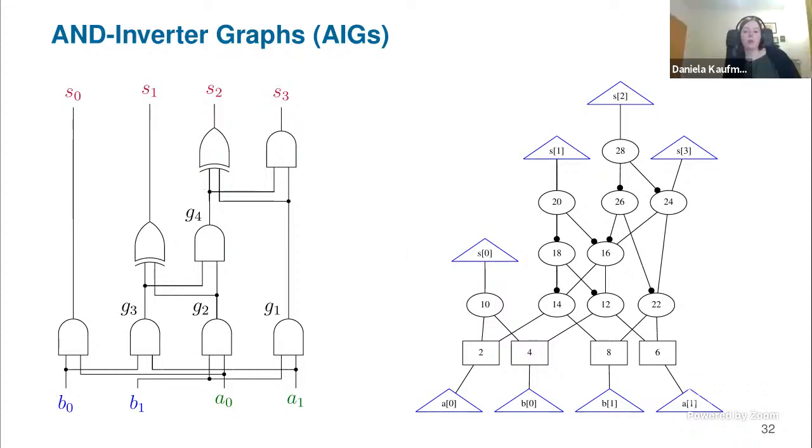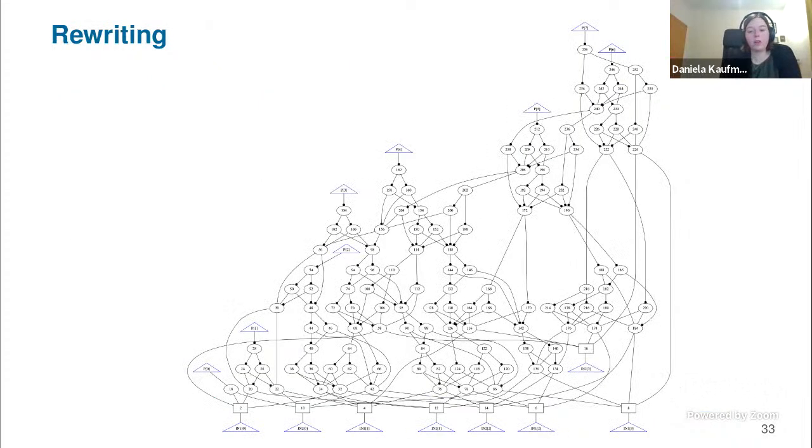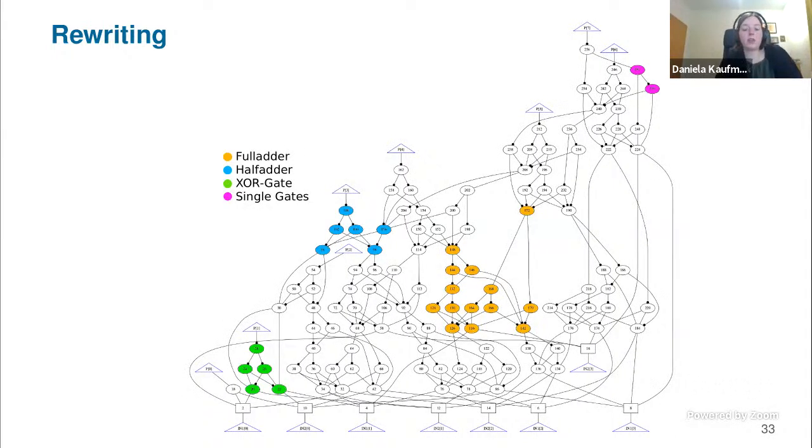So this was the AIG for the 2-bit multiplier. Let's now increase the size. Here you see an AIG for a 4-bit multiplier. When we take a closer look, we can identify certain substructures in the AIG.